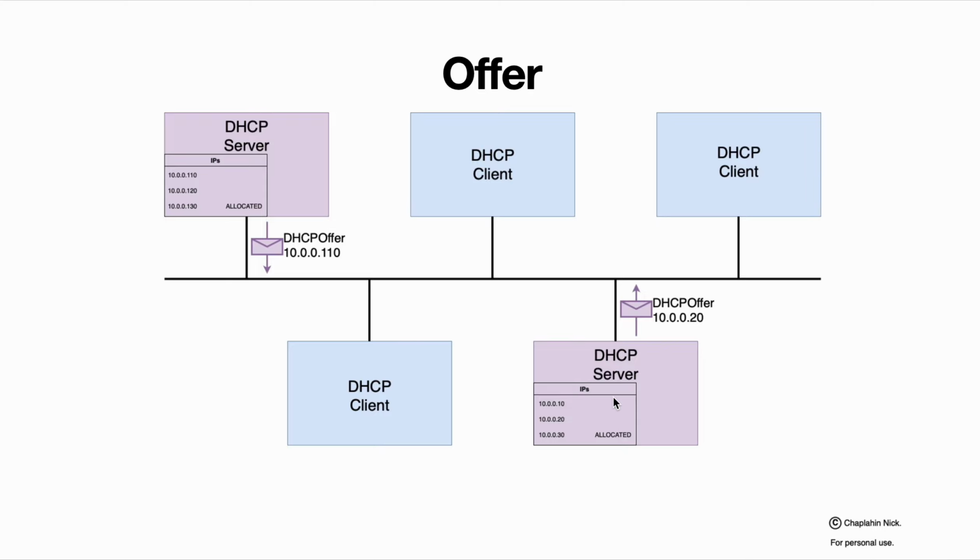So the DHCP server picks and ensures that some IP address is free and sends a DHCP offer to the client. Important: the IP addresses in their databases are not blocked, not allocated yet. Everything is smooth. The DHCP client can select the first offer, or it can be configured to take all offers and somehow select the best one.